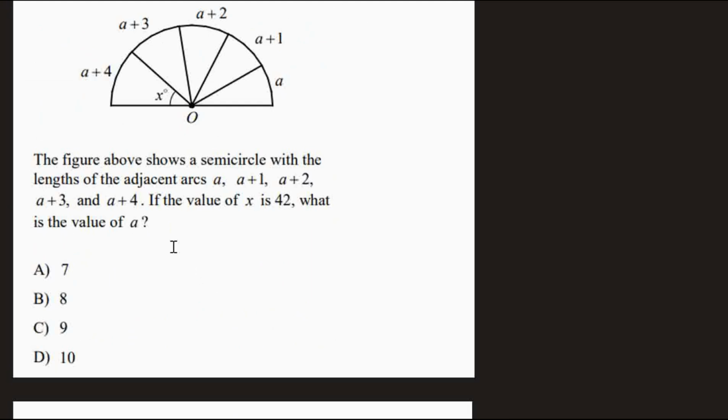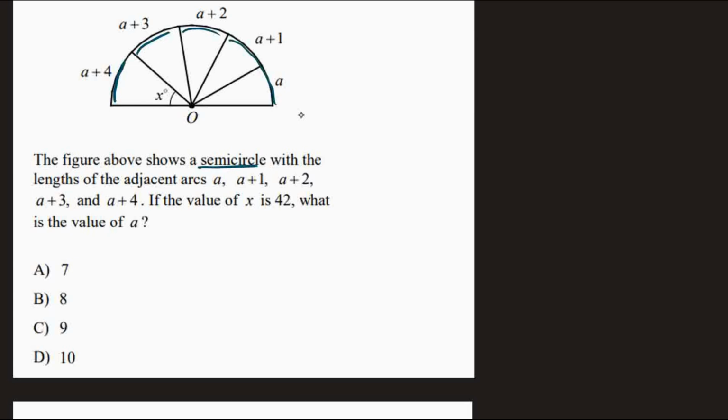The figure above shows a semicircle with the lengths of the adjacent arcs a plus 1, a plus 2, a plus 3, and a plus 4. If the value of x is 42, what is the value of a? All the arcs connect to make a semicircle.